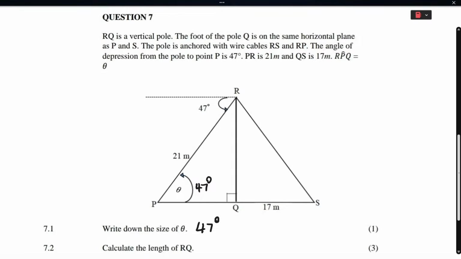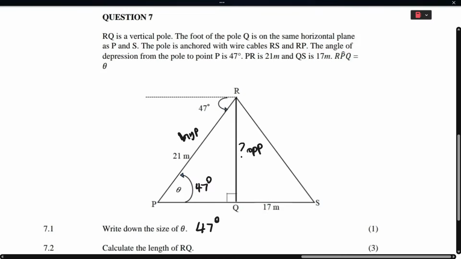Now, the question is asking, calculate the length of RQ. We are looking for this one. This is opposite, and this is hypotenuse, as you can see. So how can we find RQ in that situation? Let's hear from you how to find RQ. What do you think RQ can be?